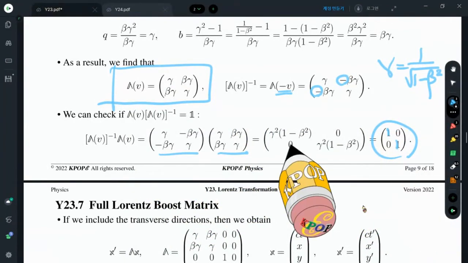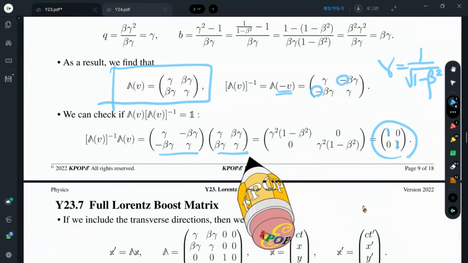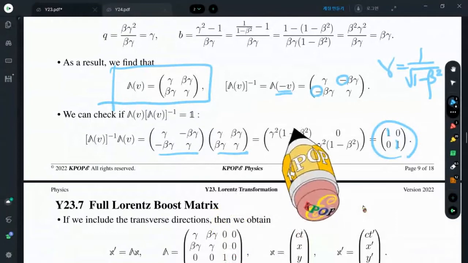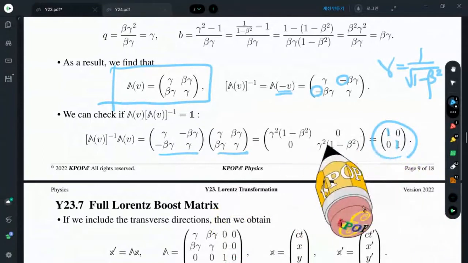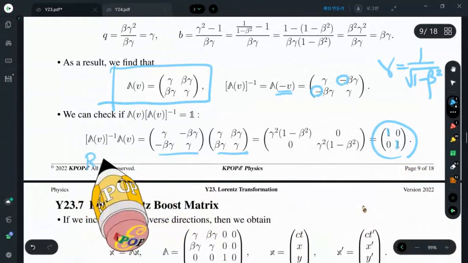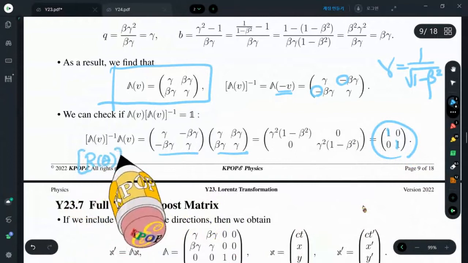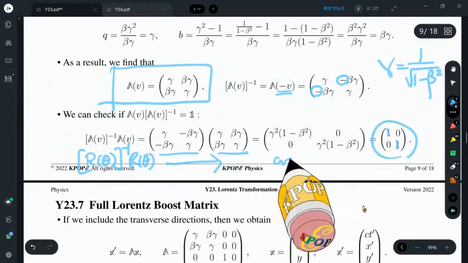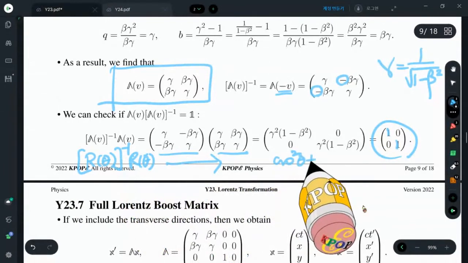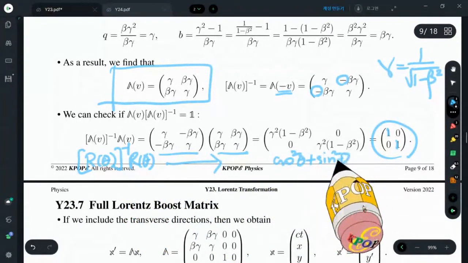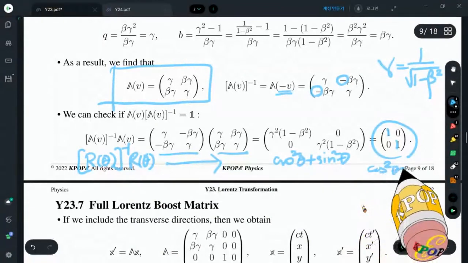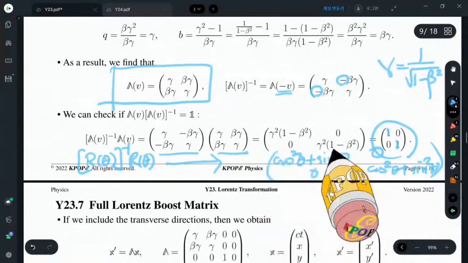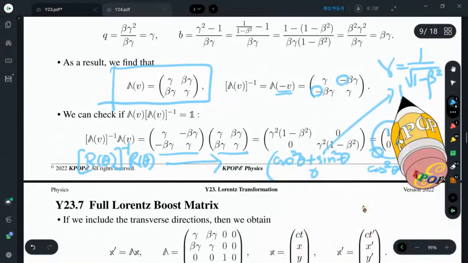It is very similar to, but different from, what we usually find for the rotation matrix, that is also diagonalized when we multiply the rotation matrix R theta inverse and R theta. In that case, we find cosine squared plus sine squared, cosine squared plus sine squared, and 0, 0. And what's that? It was 1.